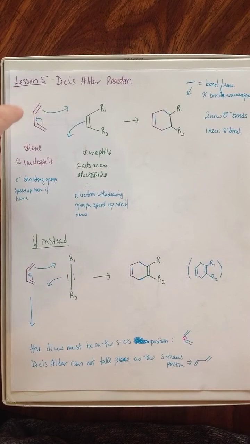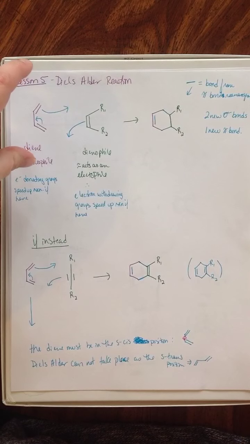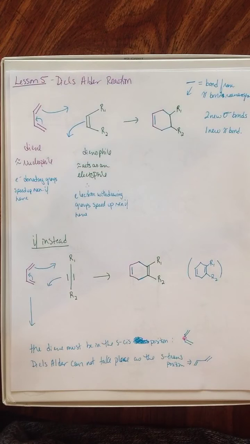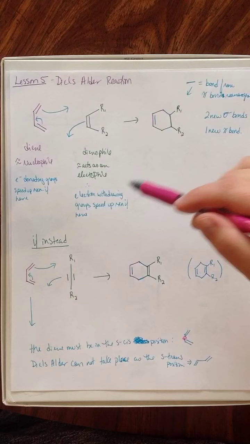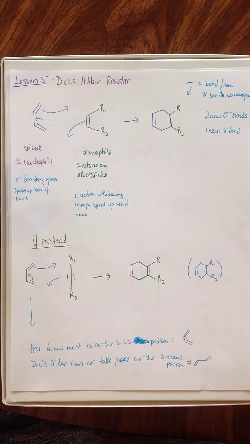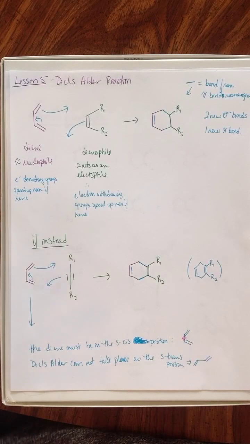So this behaves like a nucleophile, and this behaves like an electrophile, because electron donating groups are going to speed up the reaction if they're on the diene, and electron withdrawing groups speed up the reaction if they're on the dienophile. The really cool thing about this reaction is that it does a lot of really neat stuff.